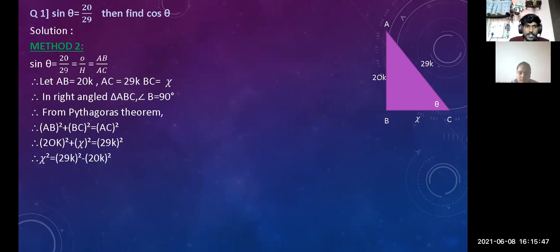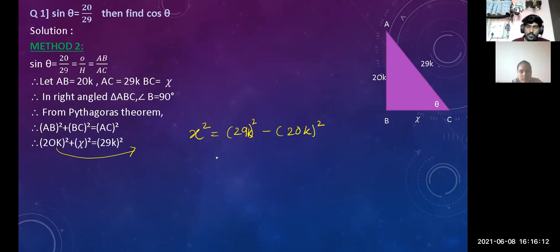Now, by just normal substitution, we'll take this 20K square on the other side. So you'll have X square is equal to 29K the whole square minus 20K the whole square. Have you understood this step? Now we have to take the square. What is the square of 29?